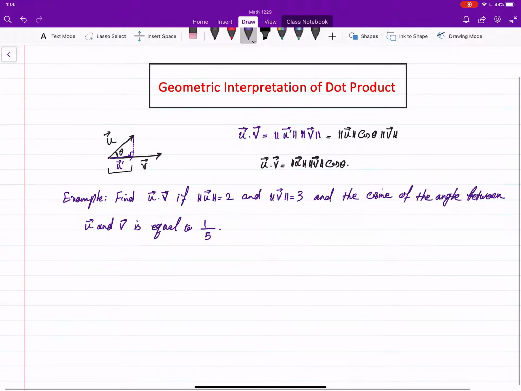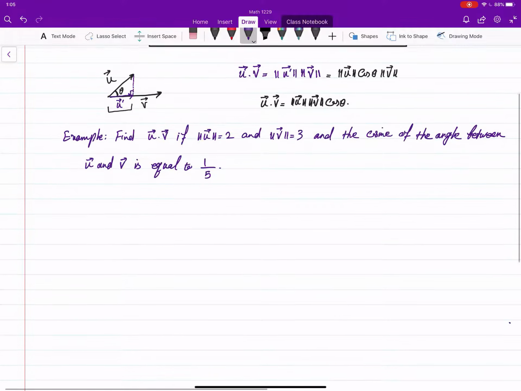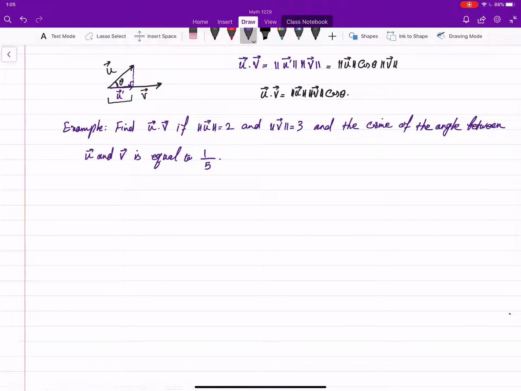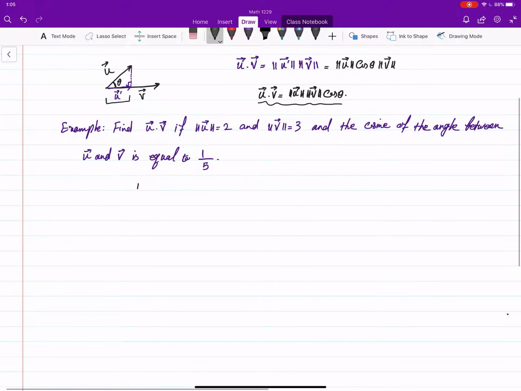Okay, with the original formula for dot product, we won't be able to find the dot product because the original formula needs all the components of u and v. But with this new formula in hand, we can find u dot v just by multiplying the length of u by the length of v and then multiplying it by the cosine of the angle between these two.